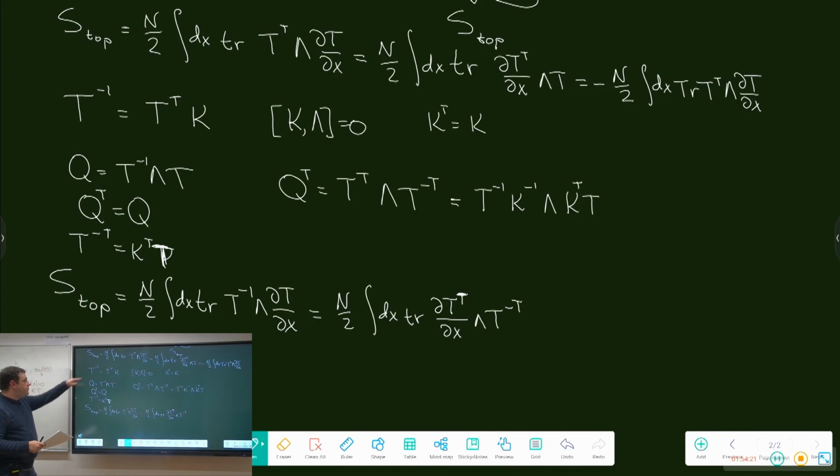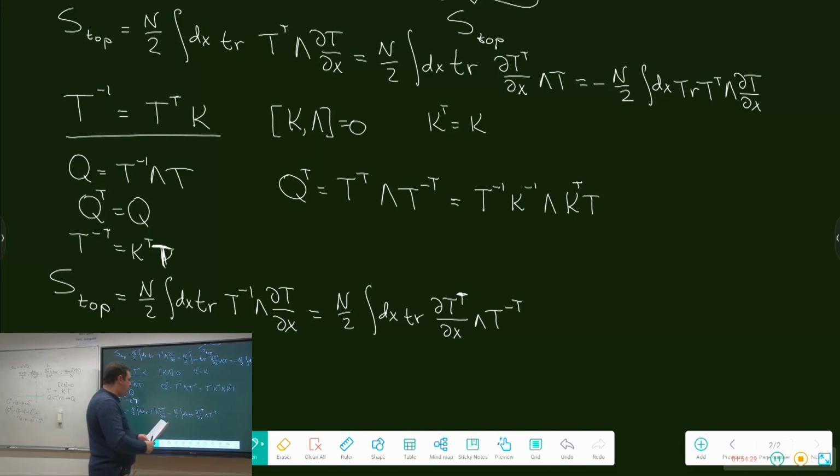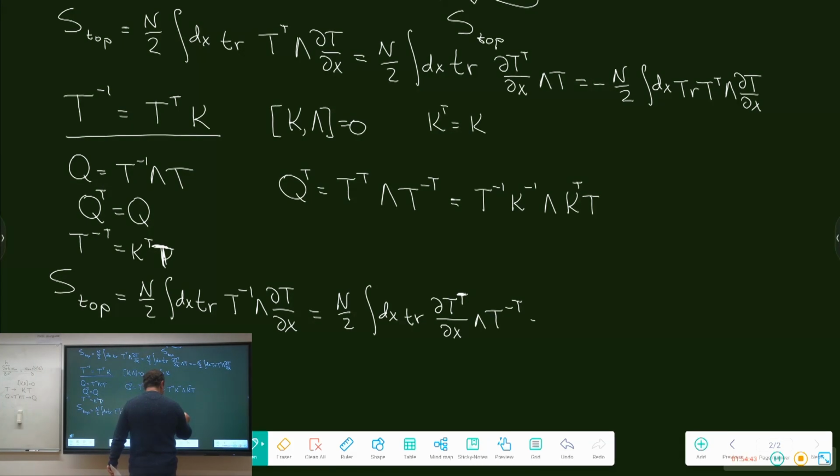Then we apply this identity. T transposed and T inverse are not the same, but related by a K rotation. So T transpose is T inverse K inverse. So we have n over 2 integral dx trace.